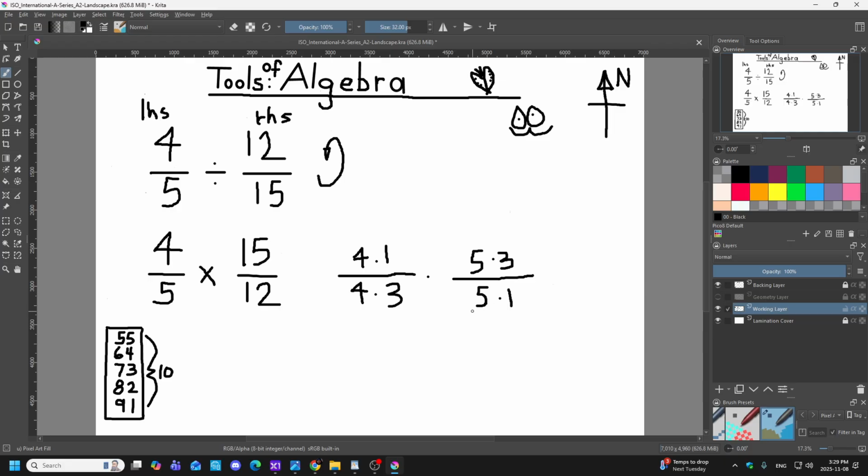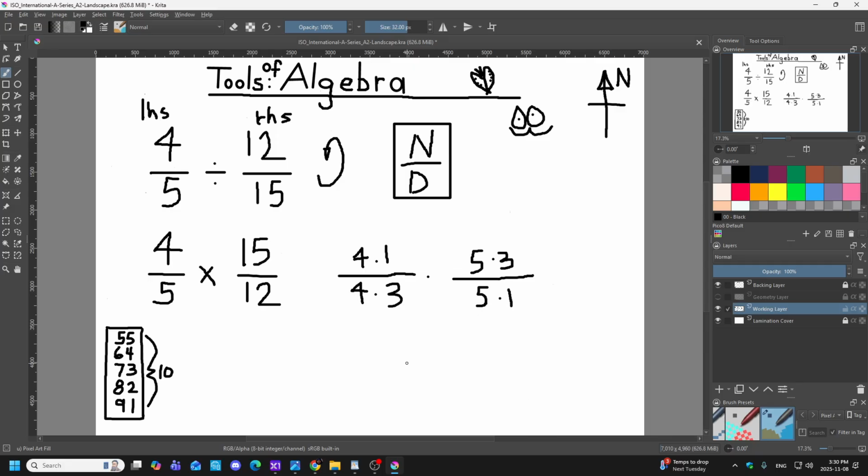Again, guys and gals, when you're working with multiplication of fractions, we're simply multiplying the numerators together and the denominators together. Okay? All the numerators and all the denominators.